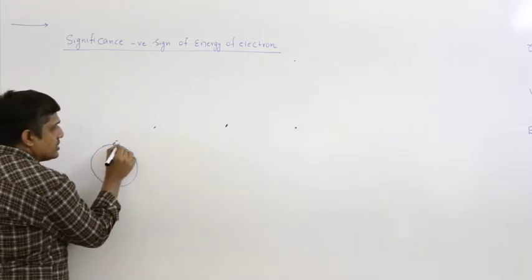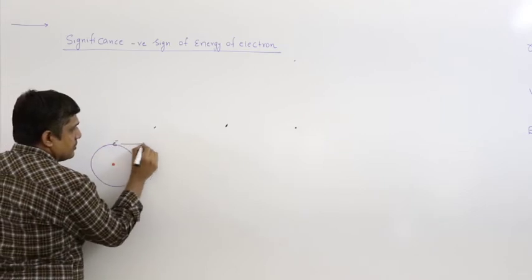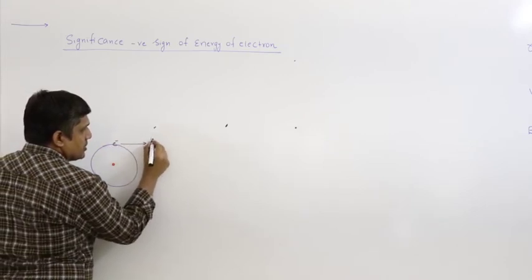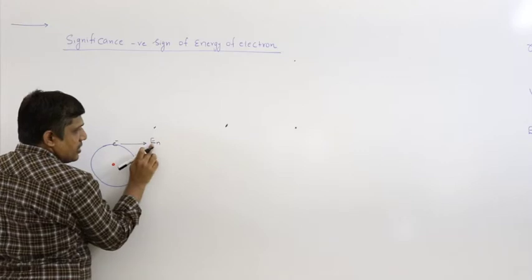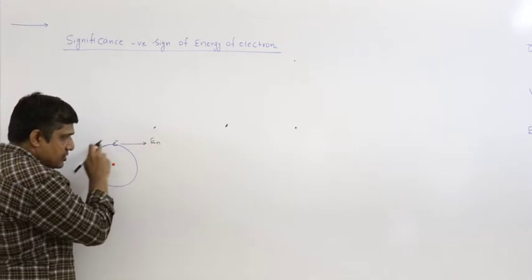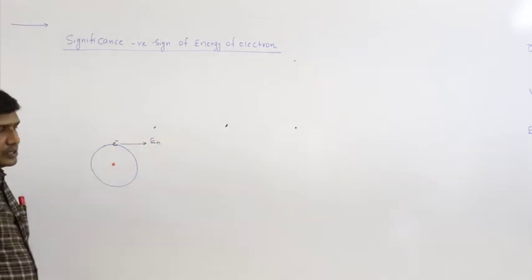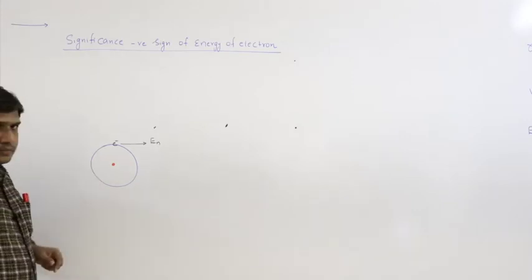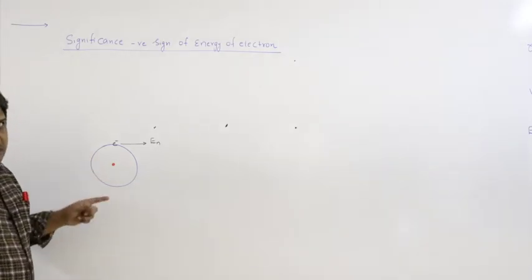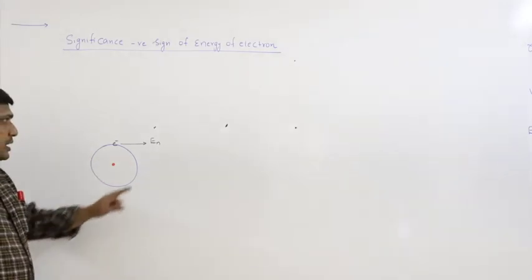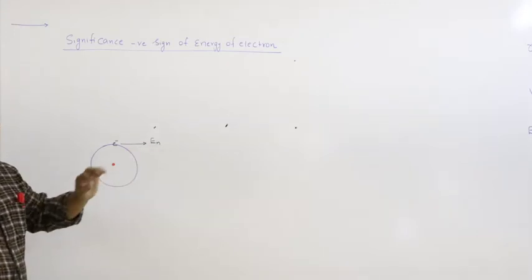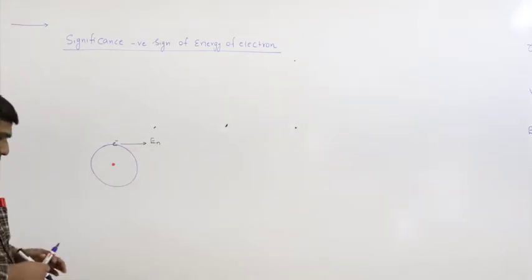So the energy of this electron, let us assume En, is the energy of the electron in the nth orbit. I have considered an atom where the electron is present in the nth orbit.